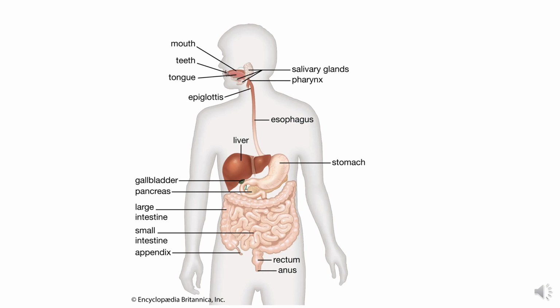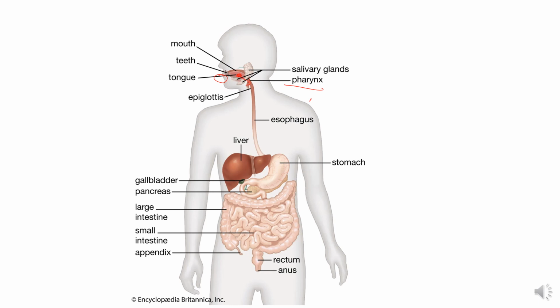and then is eliminated. So the organs associated with this system are, number one, this system starts from the mouth, which opens up into the oral cavity. The oral cavity continues into the funnel shaped structure, which is the pharynx.